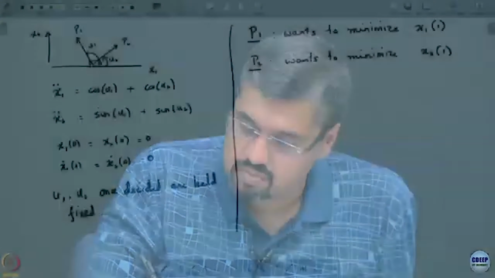So this is again a non-cooperative setting. Players will not communicate with each other, and they will each want to choose their action to maximize their own payoff, or minimize, in this case, the coordinate that they are interested in. So considering this, we should be solving for the Nash equilibrium of this game.